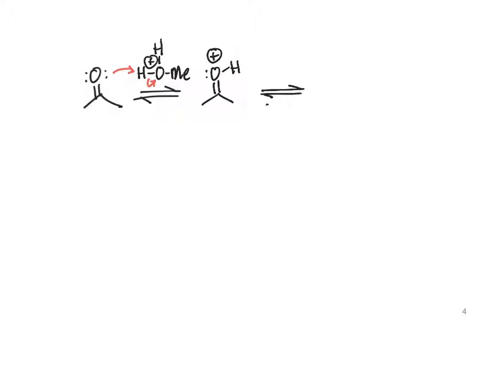Once protonated, then methanol will add, even though methanol is a weak nucleophile, like so. This produces this oxonium ion intermediate.